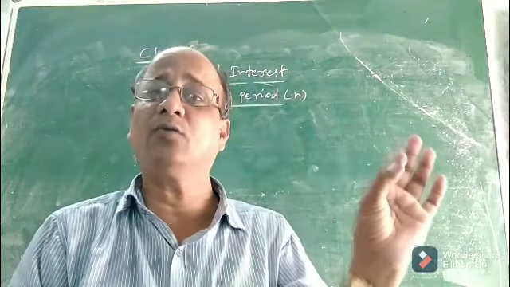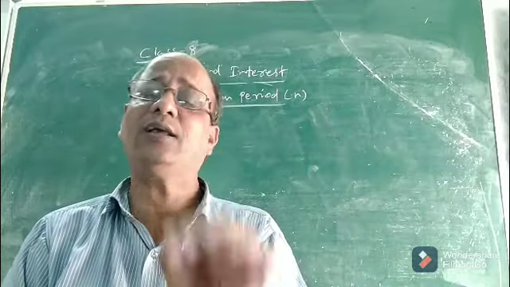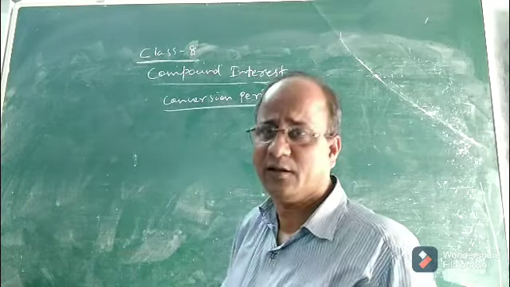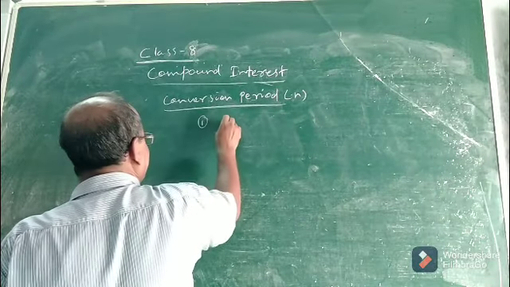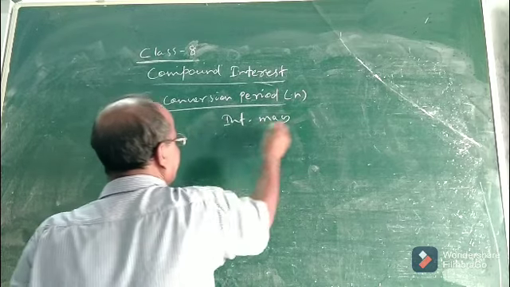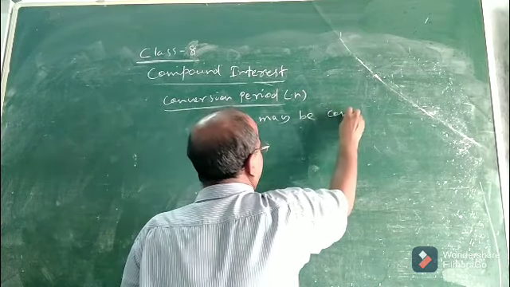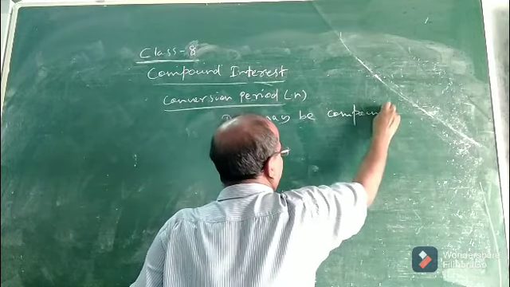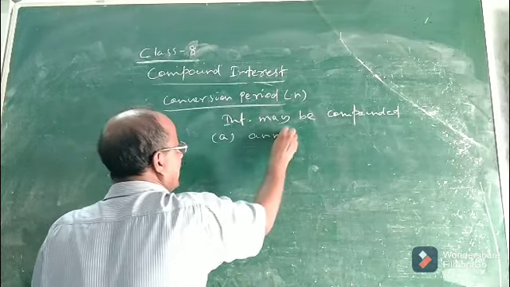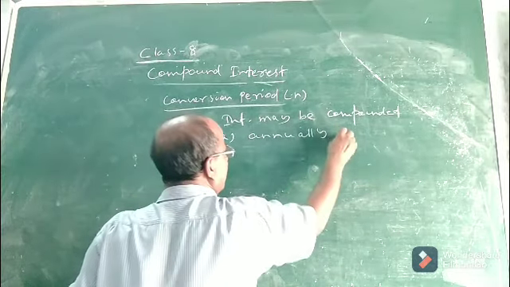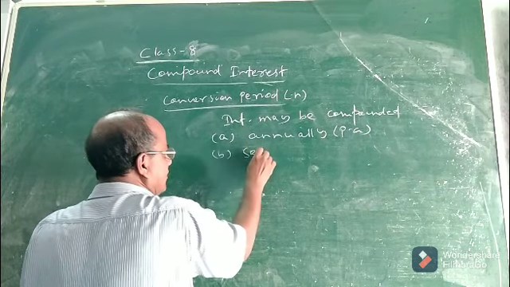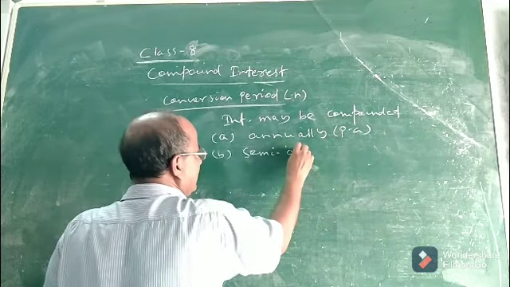So what is the meaning of annually, half yearly or semi-annually, and quarterly? Then only we can understand what conversion period is. Interest may be compounded annually, which means per annum. Second, semi-annually or half yearly.